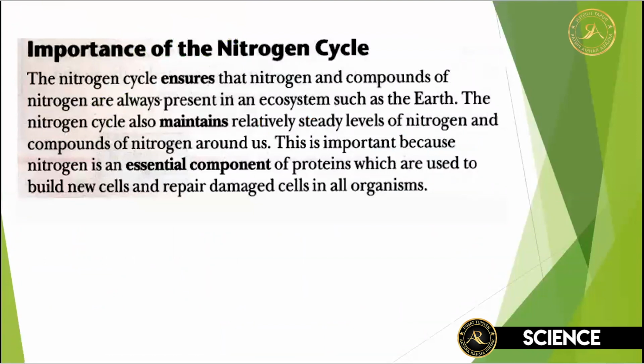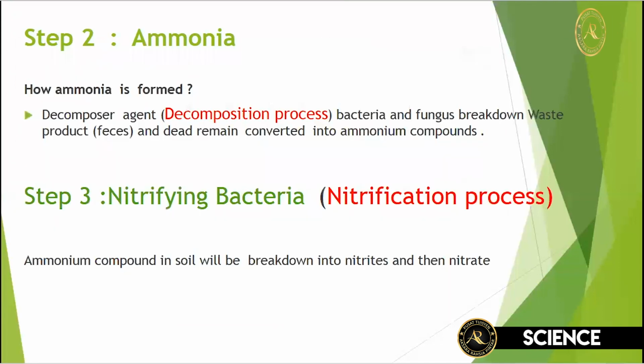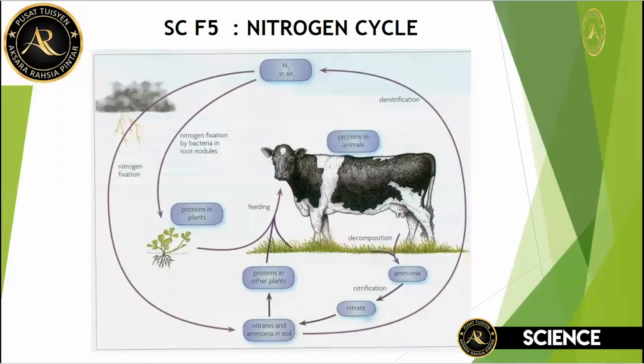And as well for the other organisms to acquire this. Okay, so I hope that from my audio presentation you get the idea of what this nitrogen cycle is all about. It's a very important thing. I assure you that you need to go through the slides to get a better understanding.